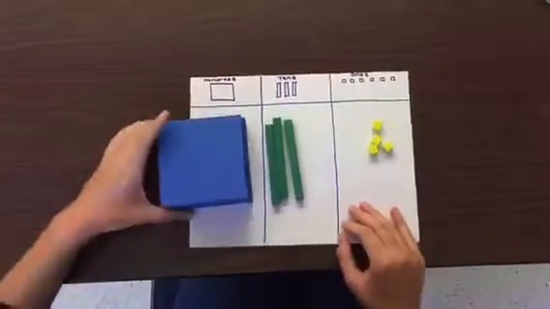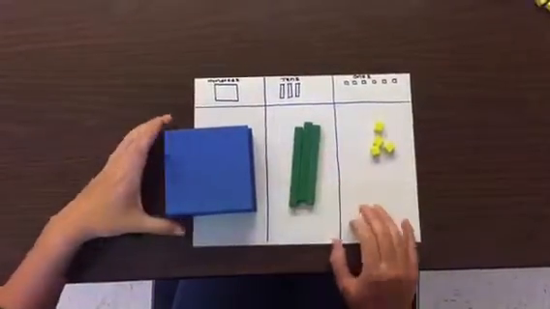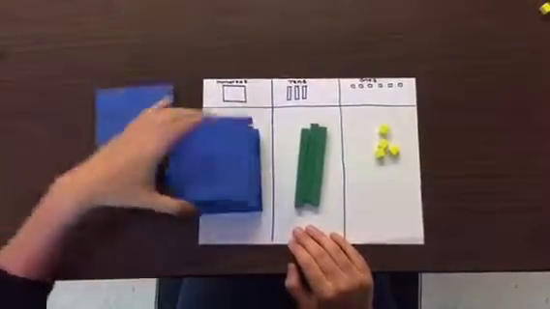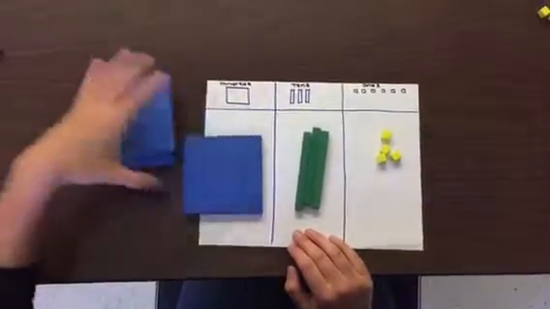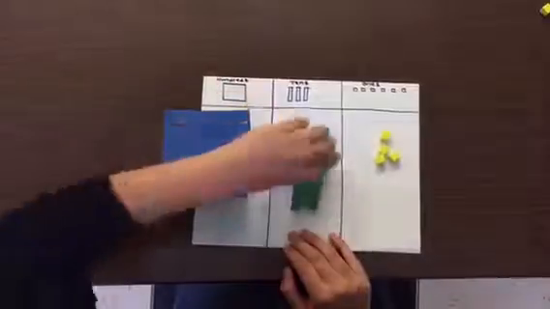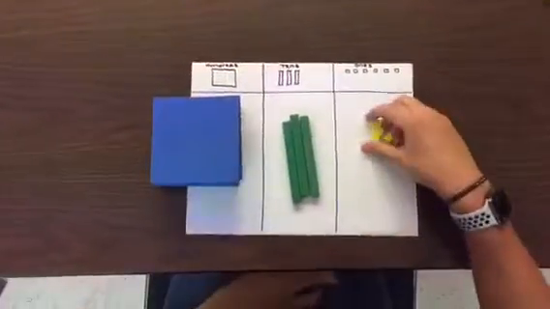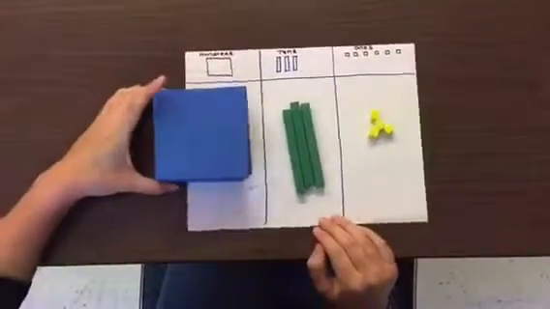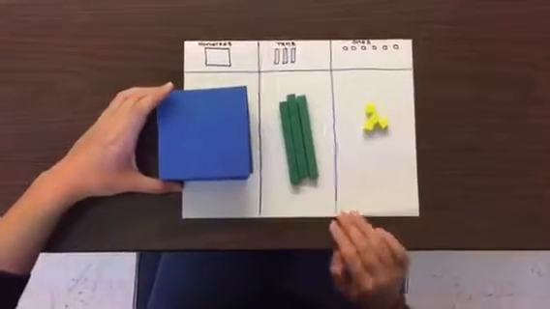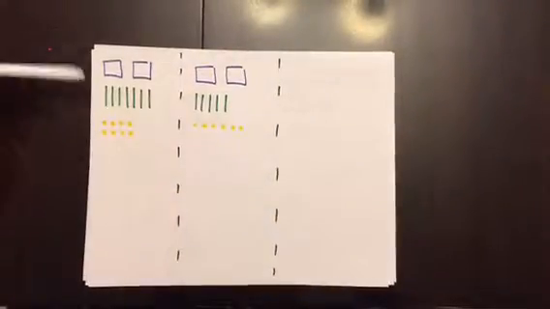Then we can find what our sum of the two addends is. So we have 5 flats, 3 rods, and 4 cubes, for a total of 534.